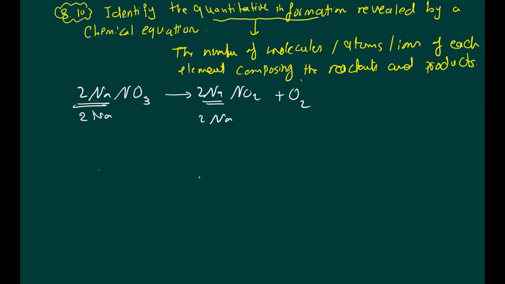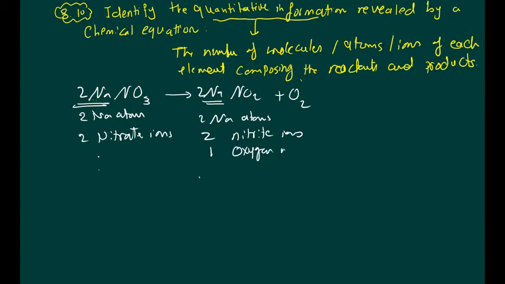I have here 2 nitrate ions, and on the other side I have 2 nitrite ions. And on the right-hand side we have 1 oxygen molecule. If you count it with atoms, I can say I have 2 oxygen atoms.